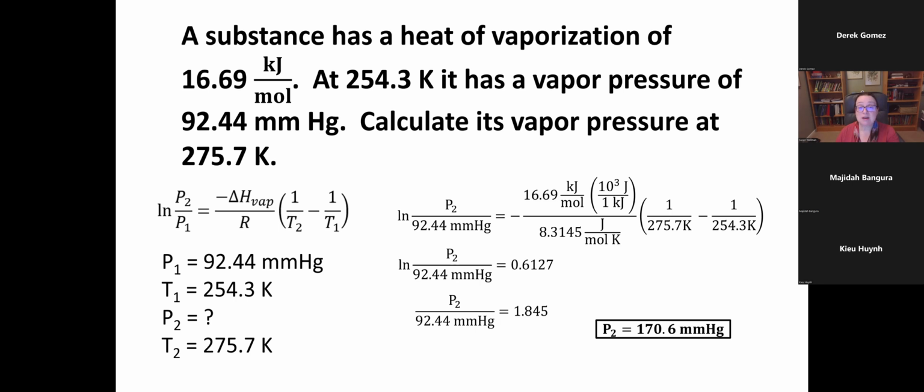If they've got more temperature, more average kinetic energy, more of the molecules are going to be moving around, more of them are going to be in the gas phase, and that means the vapor pressure is going to be bigger. We would expect to have more gas. So the fact that we calculated a vapor pressure at this higher temperature to be bigger than the original vapor pressure, we say, yeah, that makes sense. So we can have a little more confidence in our mathematical result there.